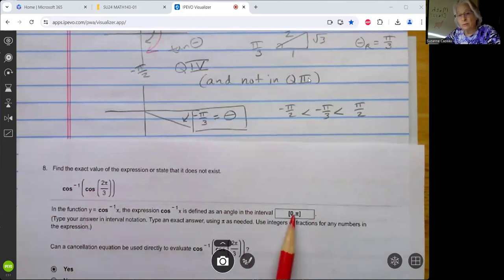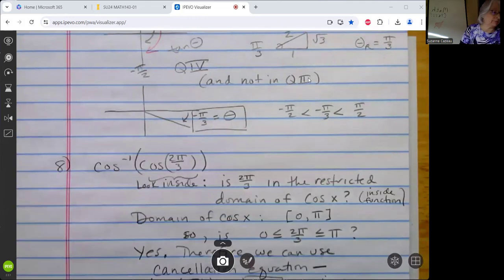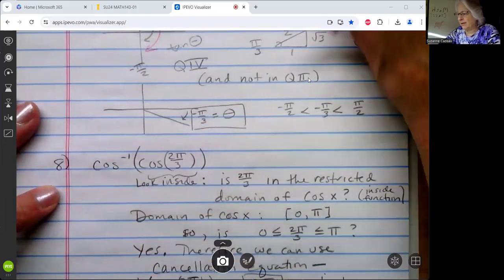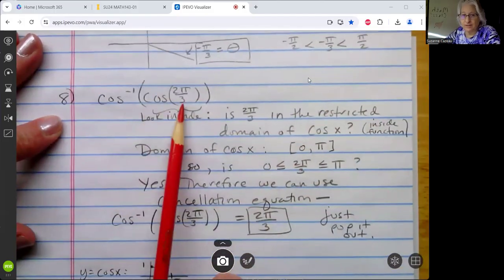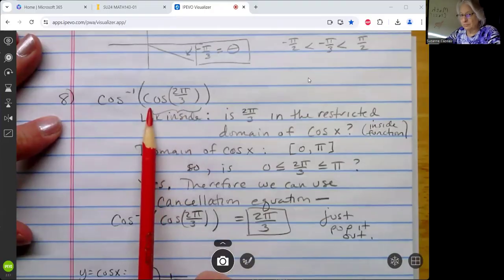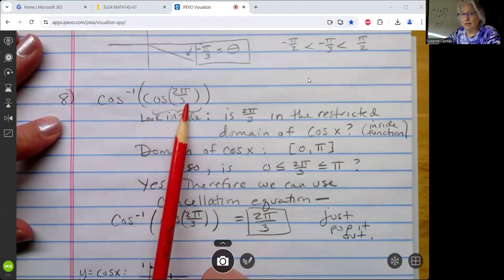That's exactly what they want here. This is where you want to look. You want to look inside here and say to yourself, what is the restricted domain of the cosine? And is 2 pi over 3 in there?